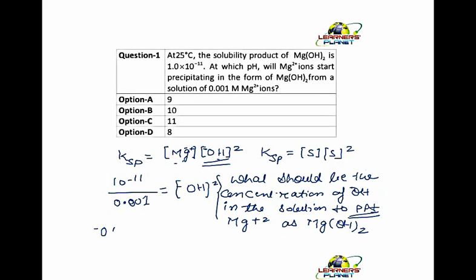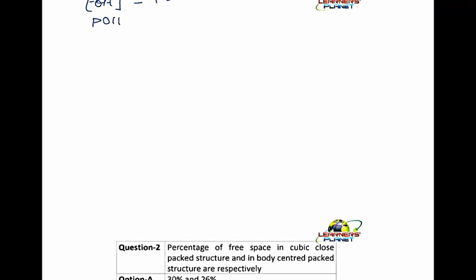Now OH minus will be equal to square root of 10 to the power minus 8, right? Or OH ion concentration is equal to 10 to the power minus 4, right? Or your pOH will be equal to how much? 4.